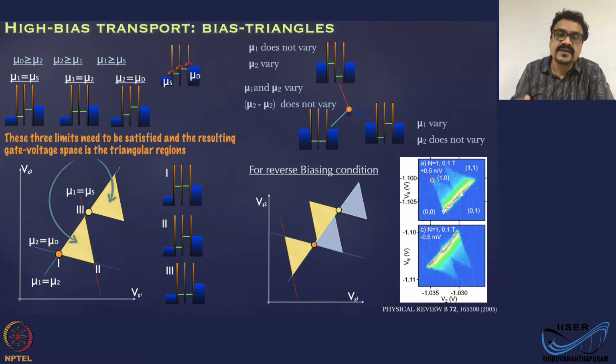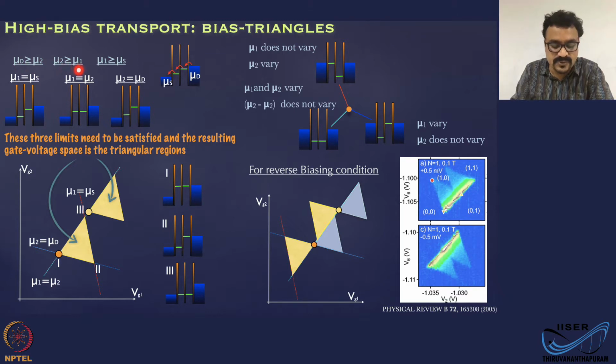Then the charge transport happens by the flow of electrons from a region of higher energy towards a region of lower energy. What that means is, for the transport to happen, you need mu2, the electrochemical potential or the available energy state of dot 2, to be less than or equal to mu d.